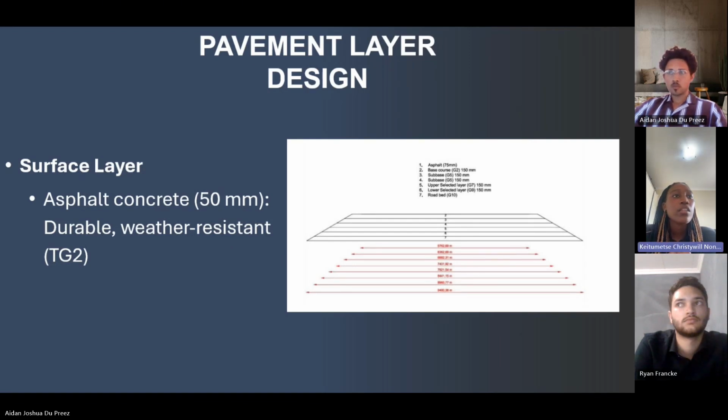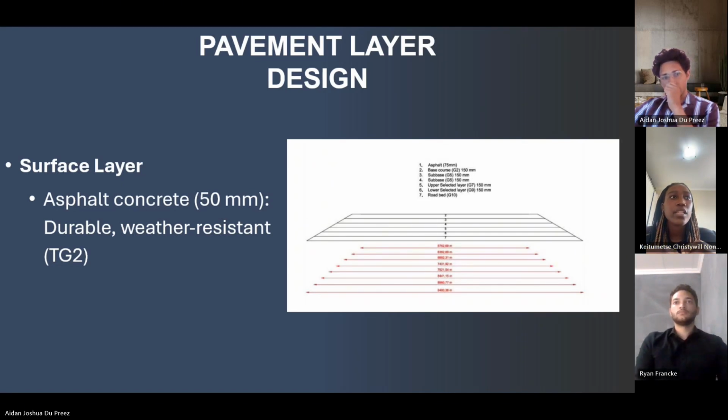The proposed design for our road includes the following layers: the surfacing layer, which is comprised of asphalt concrete with a thickness of 50 millimeters, its purpose being to protect the underlying layers from environmental damage, such as moisture and temperature fluctuations, and to provide a smooth skid-resistant surface for vehicles. Materials used should be bituminous asphalt concrete with a high resistance to rutting and fatigue, ensuring longevity under stresses.